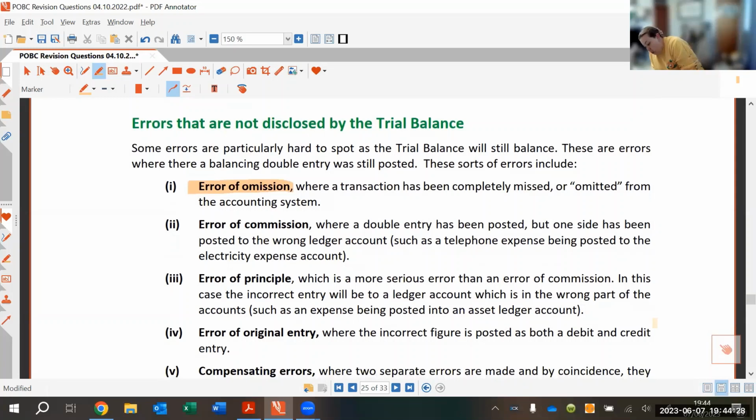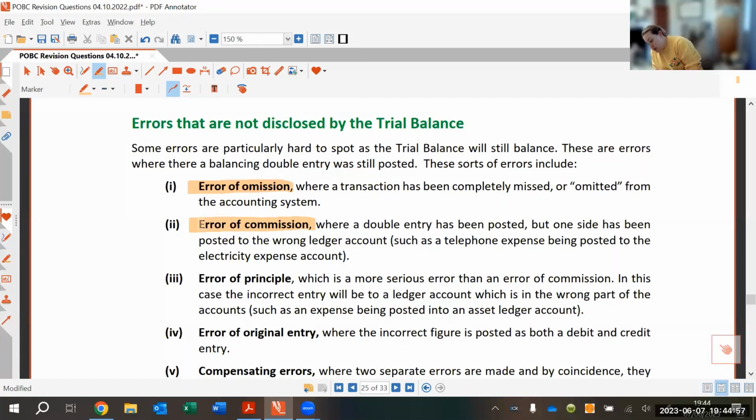Then the next one, where we've got one of our weird named ones, is error of commission. This is where we have posted to the right section of the account, i.e. asset, income, liability, expense, but maybe the wrong type of expense account within it. We like to make sure we're keeping all of our records so there's a true view of everything.